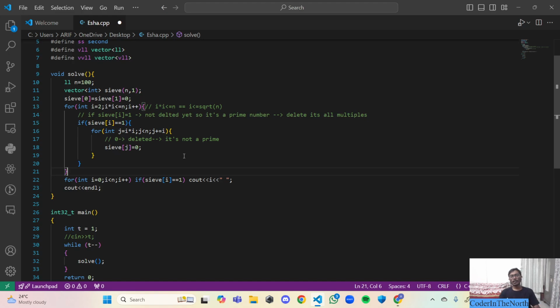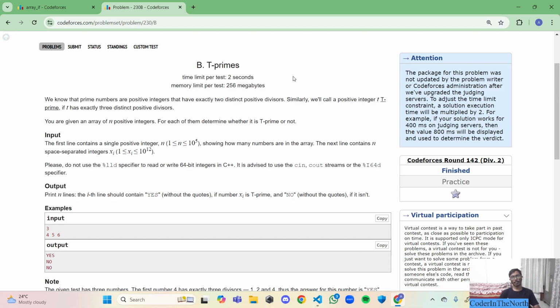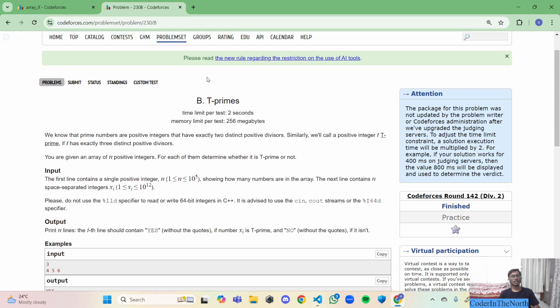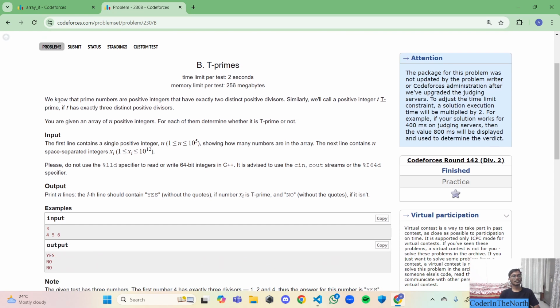What we'll do is solve a problem related to the sieve, and it's a very famous problem on Codeforces called T-Prime. The question says we know that prime numbers are positive integers that have exactly two distinct positive divisors.